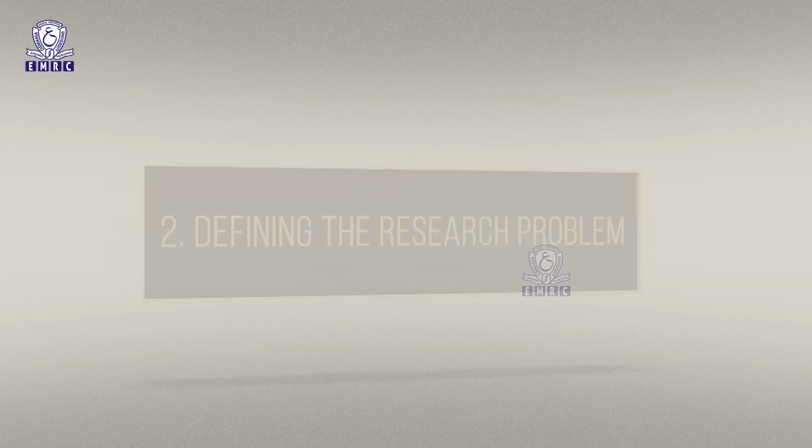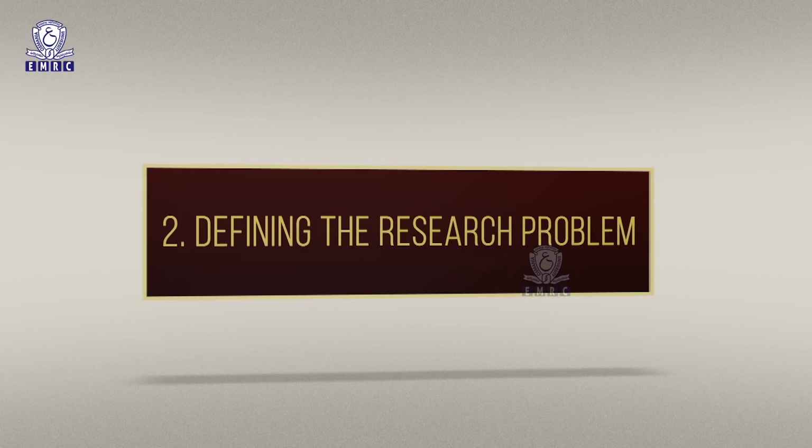The second step is defining the research problem. Selecting and properly defining the research problem follows selecting the topic. The problem to be investigated must be defined appropriately. Initially, the research problem may be stated in a broad way and later it can be narrowed down in operational terms.